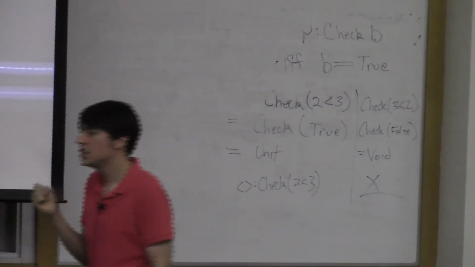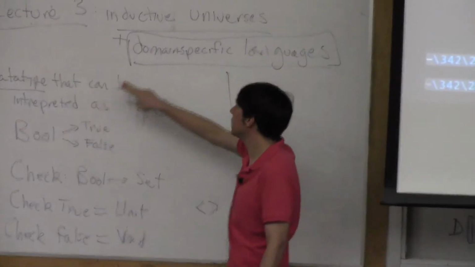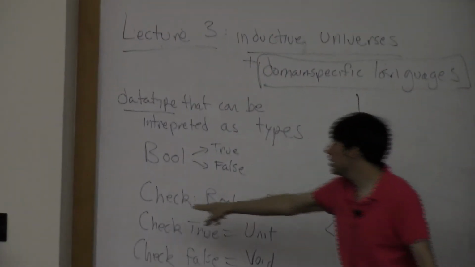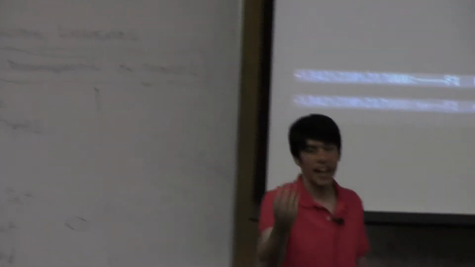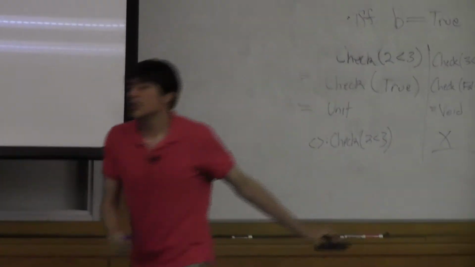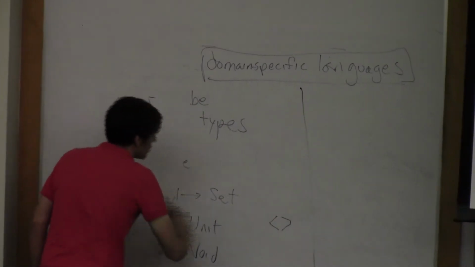Okay? So basic idea of an inductive universe is you have a data type that can be interpreted as types. And you have this function like check that interprets the elements of that data type as particular types. And the thing we're going to do today is to use this idea of inductive universes to define something called domain-specific languages.